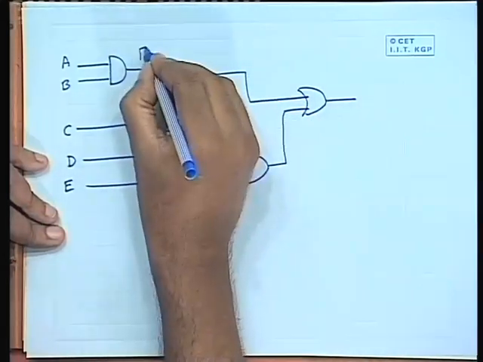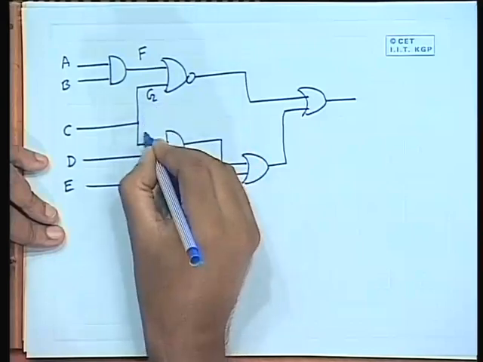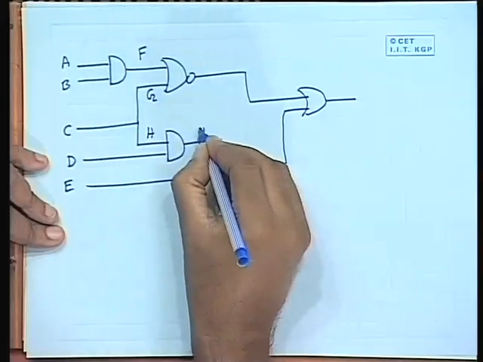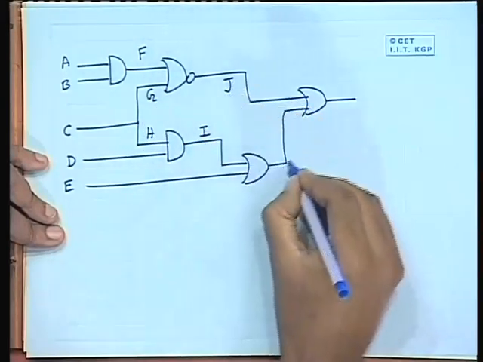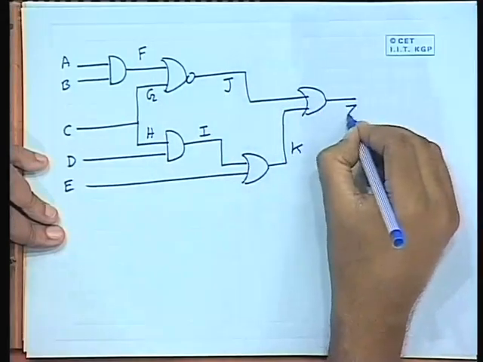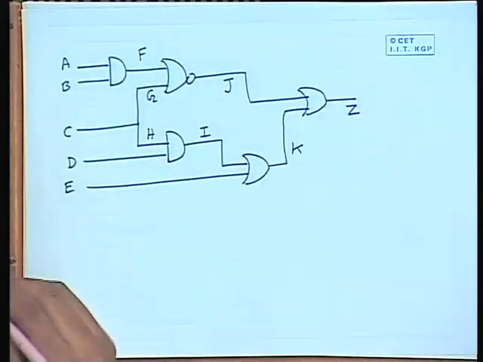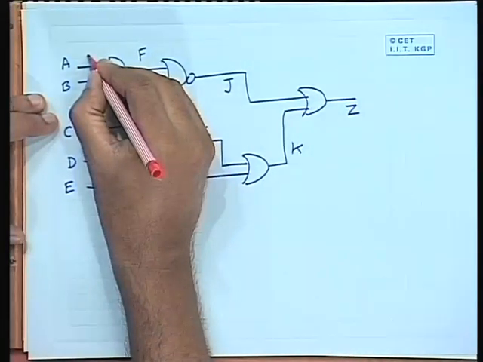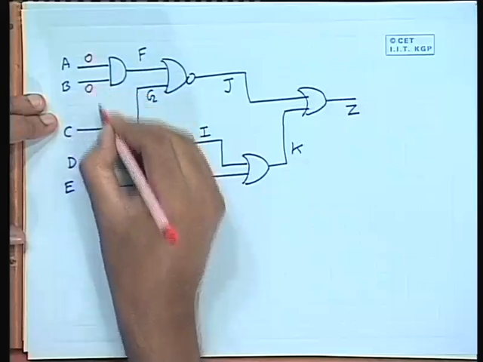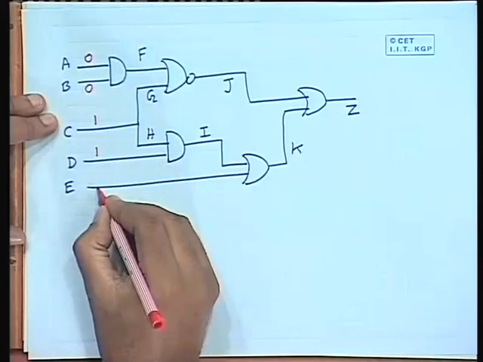Let us call this F, G, H, I, J, K and the output as Z. Okay. And let us say that we have applied the input vectors 0, 0, 1, 1 and 0.